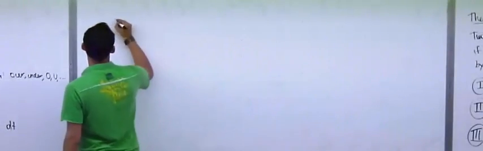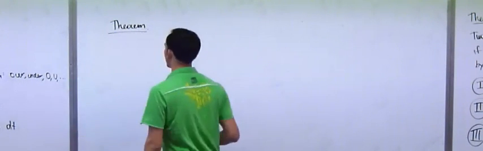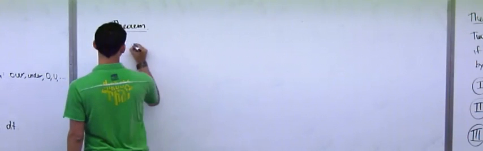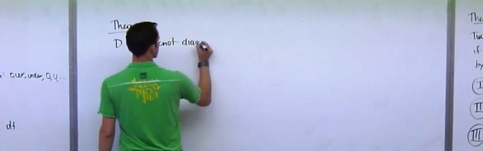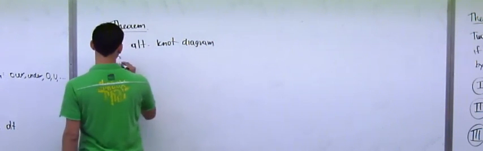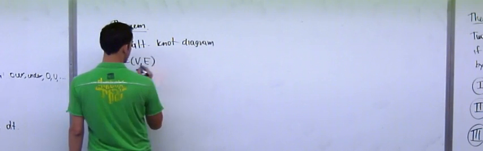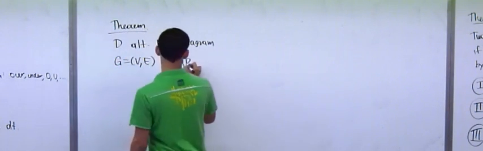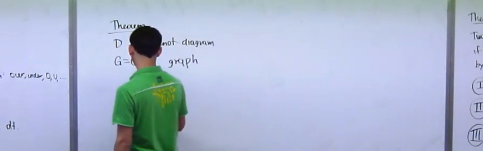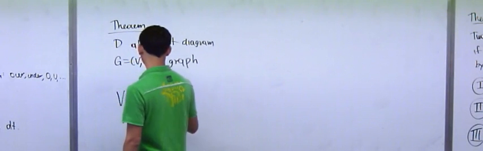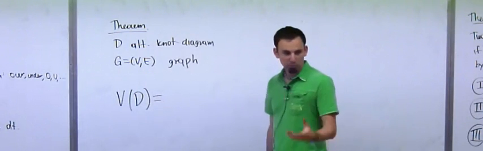Okay. Theorem. Suppose that D is an alternating knot diagram, and G is the graph that you get. Then, if you want the Jones polynomial of the knot, you compute the dot polynomial of the graph.